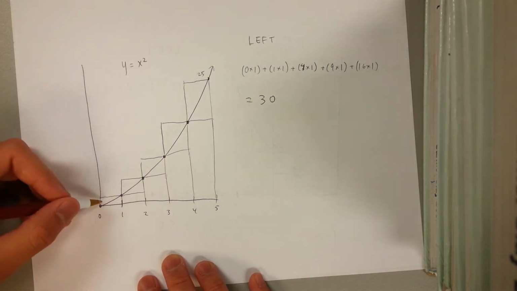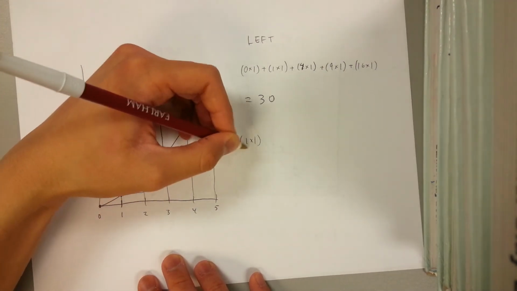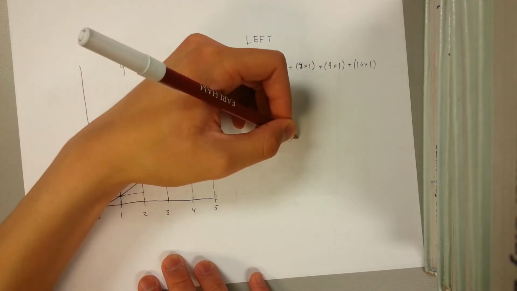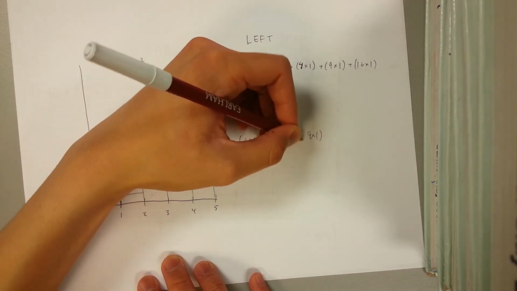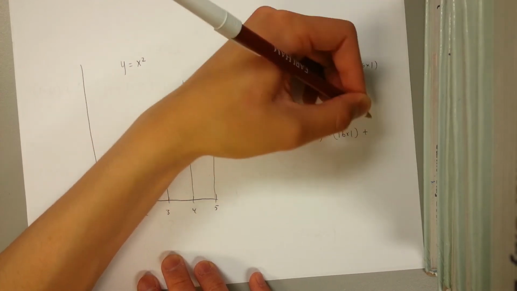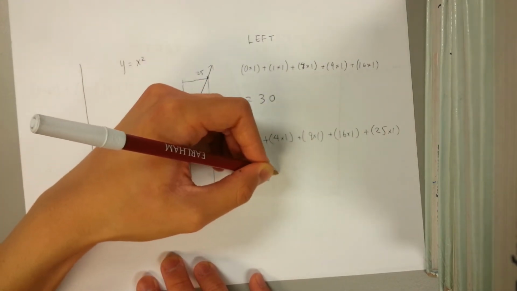Add up the values of each of these rectangles and you get 1 times 1 plus 4 times 1 plus 9 times 1 plus 16 times 1 plus 25 times 1, which gives you 55.